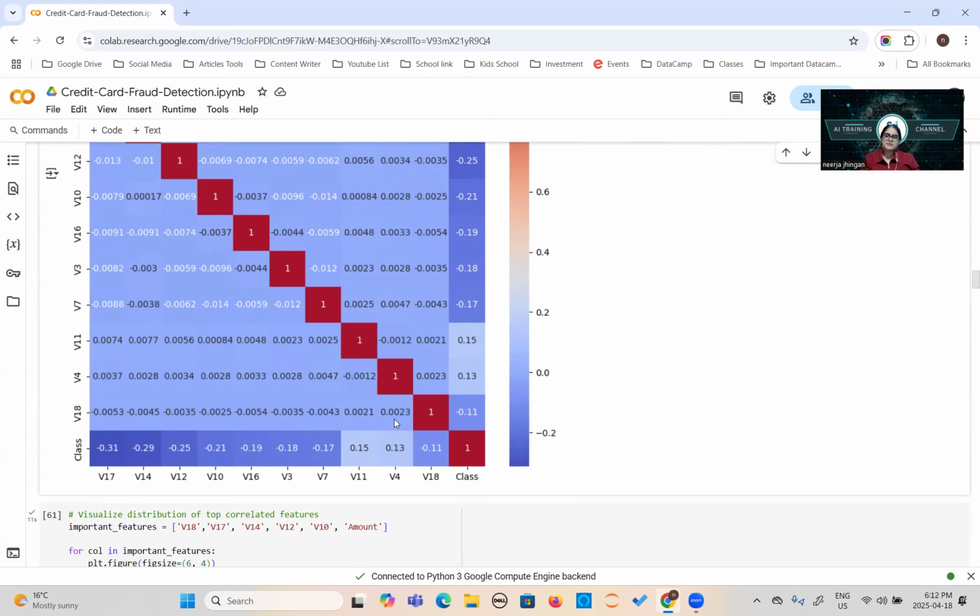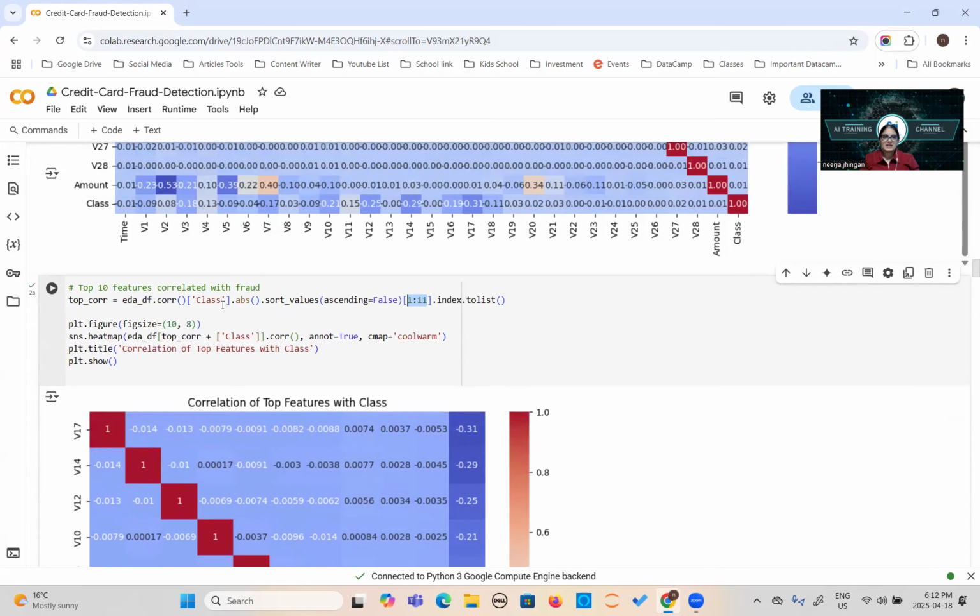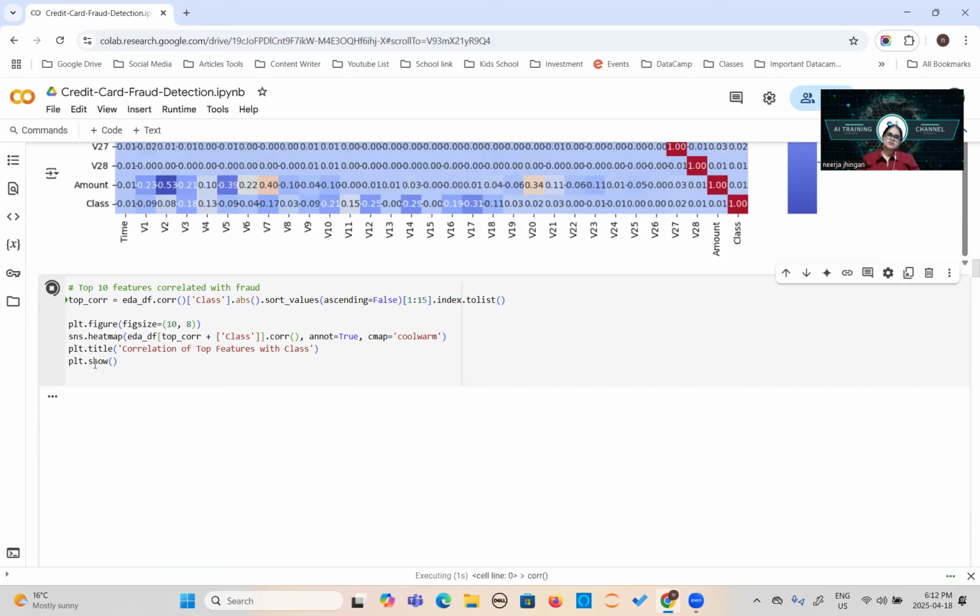Maybe you are thinking, how would I decide these are the important features? I just took them by looking at this here, right? And I want to explore some features from 1 to 11. If you want, you can increase it too. Here you can make it, let's say, up to 15. You can also do that. So it will show you all the top 15 features related to your class.